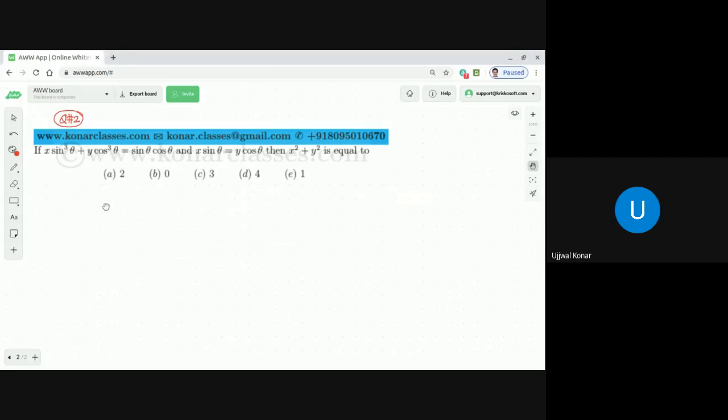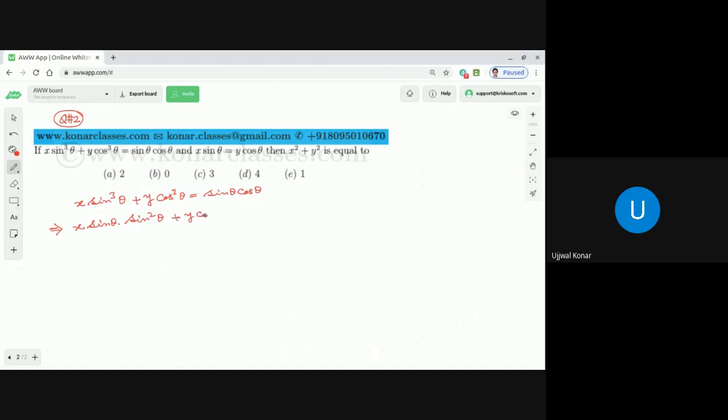It is given that x sin cube theta plus y cos cube theta equals sin theta cos theta. Let us write this thing first. Then what we are going to write here, dear students, is x sin theta into sin square theta, correct, no?